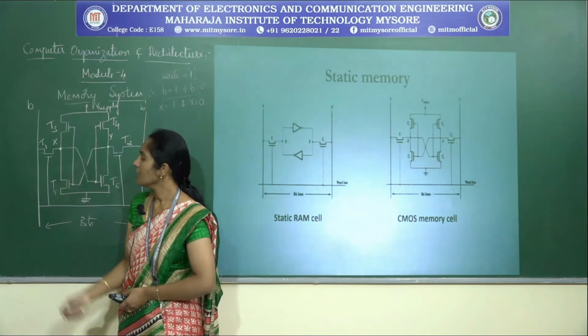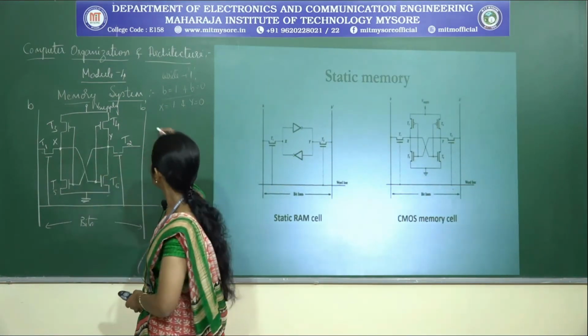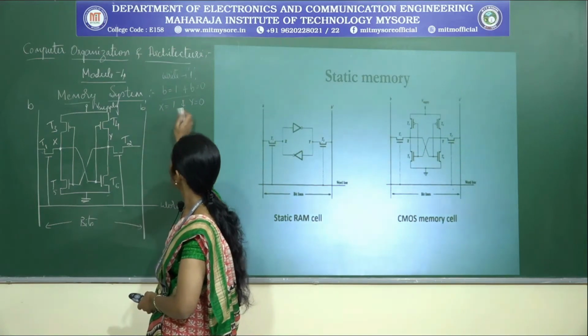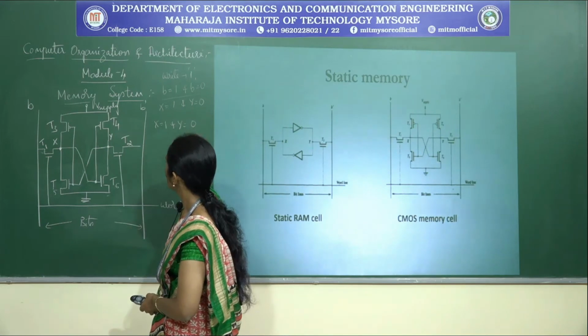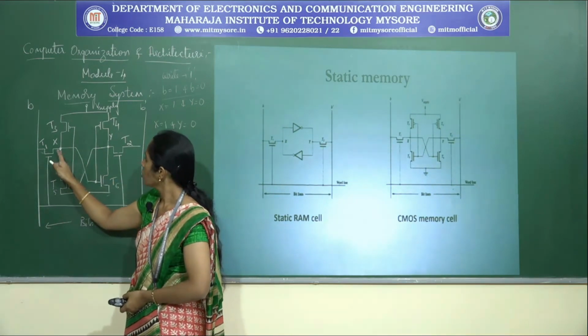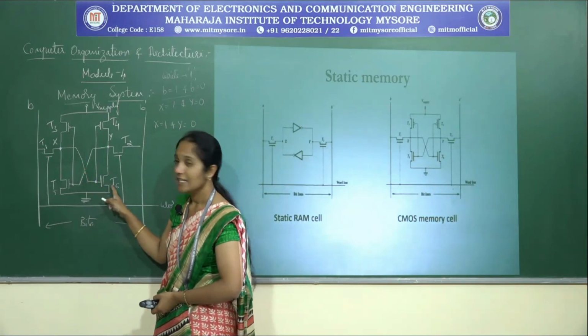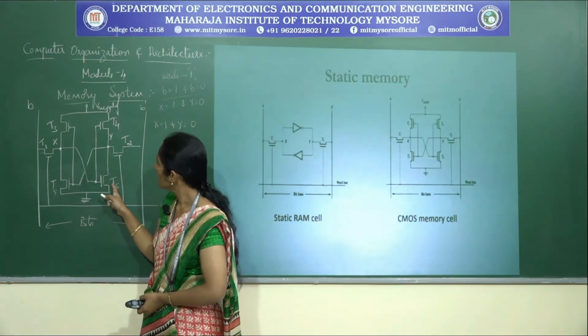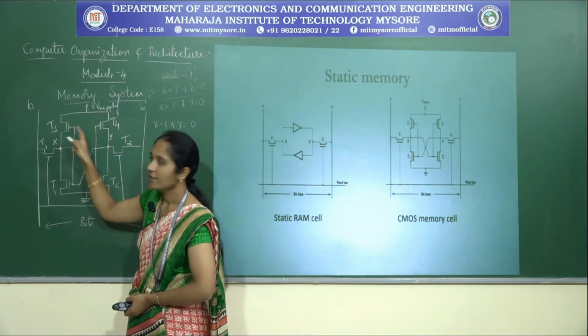Now if you consider the states as 1 and 0, let us assume X is 1 and Y is 0. Since we have X as 1, this is connected to T6, and this 0 is connected to T3.